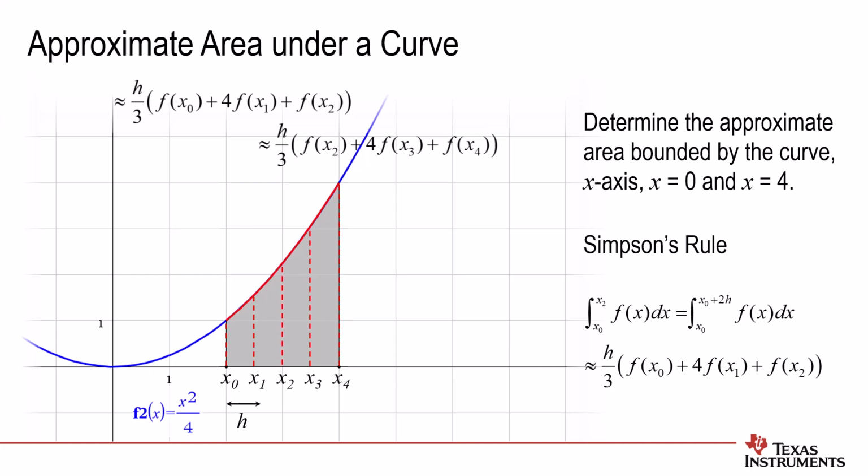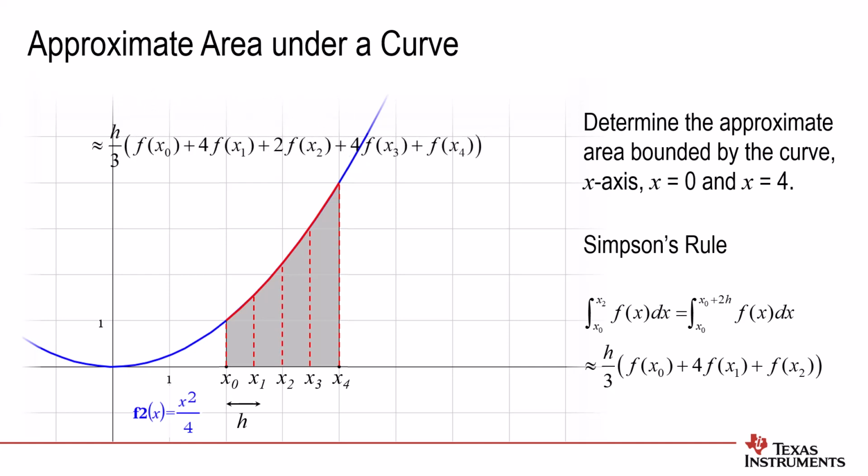Well, what happens when we do? Well, h over 3 is a common factor, so that can remain out the front. So we just have to add the bits in the parentheses. And when we do that, we get 2 servings of x2. One of our first one, x0, one of the last one, and these middle terms seem to have a 2 in them. And either side is a 4.